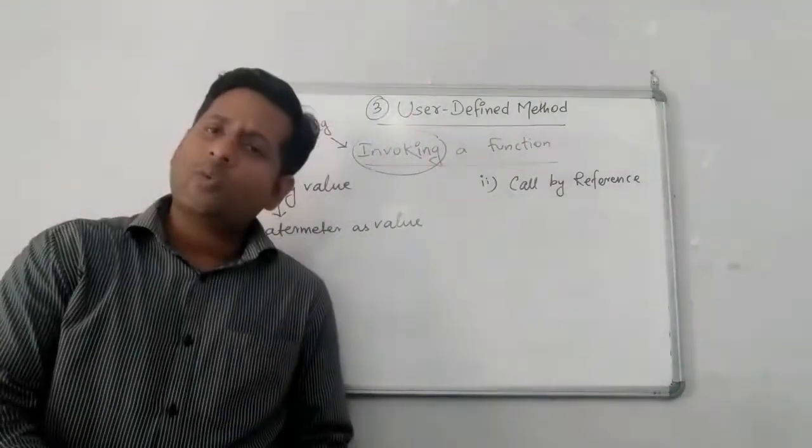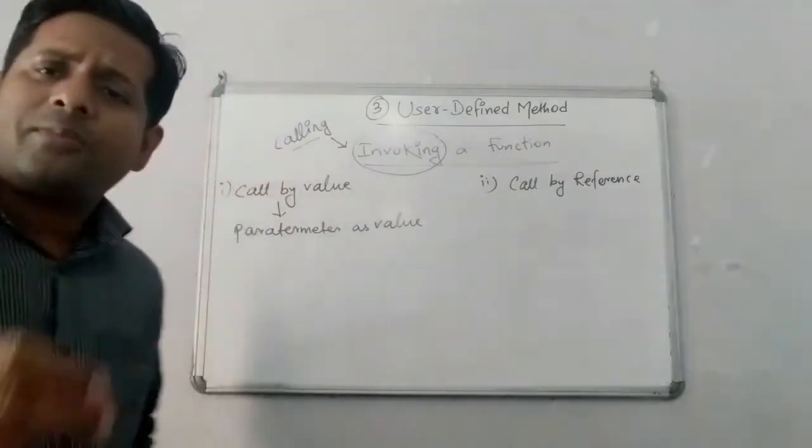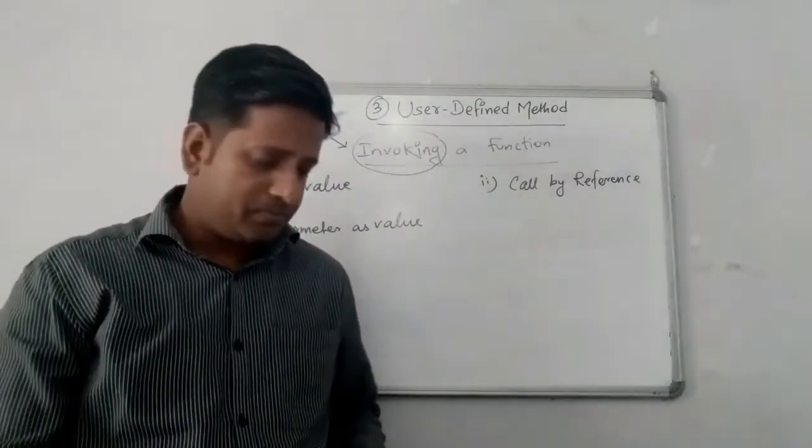Parameter means, you know children, last time I showed what is inside the brackets of the function, that is known as the parameter. So in call by value, what happens, children? Directly we can call with the help of value, but we have to use the parameter.